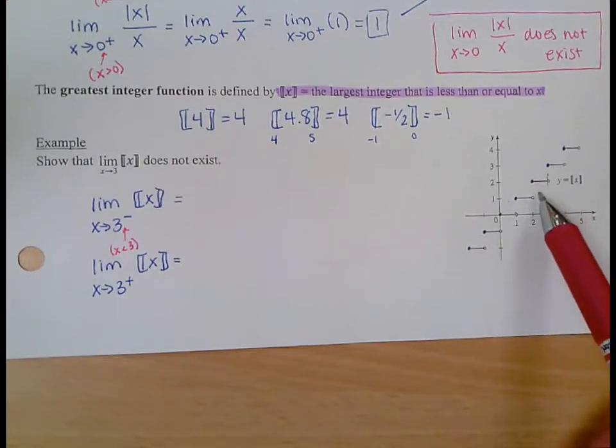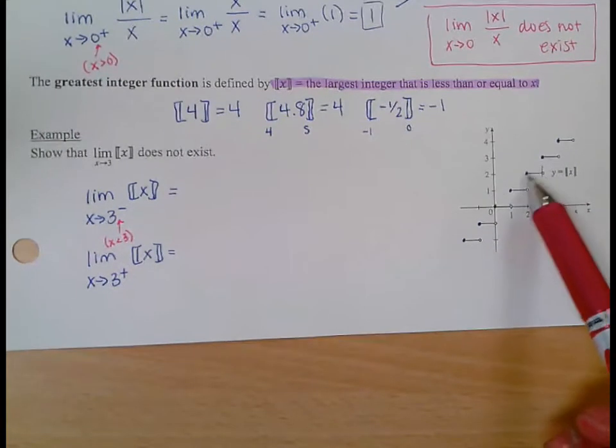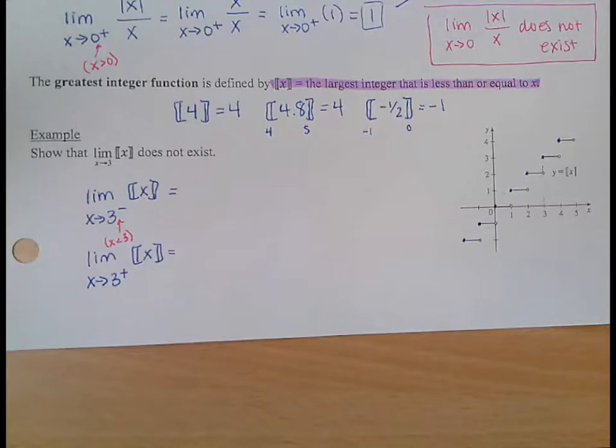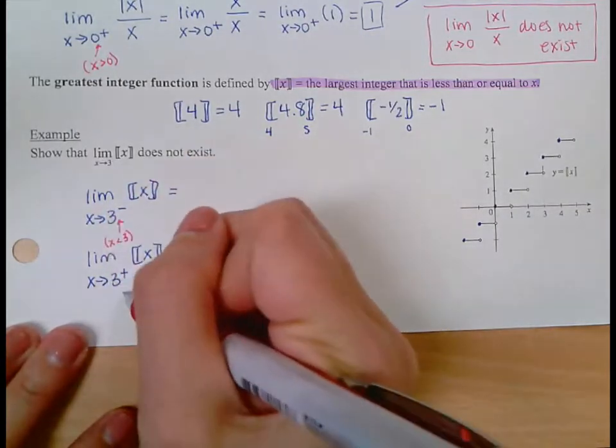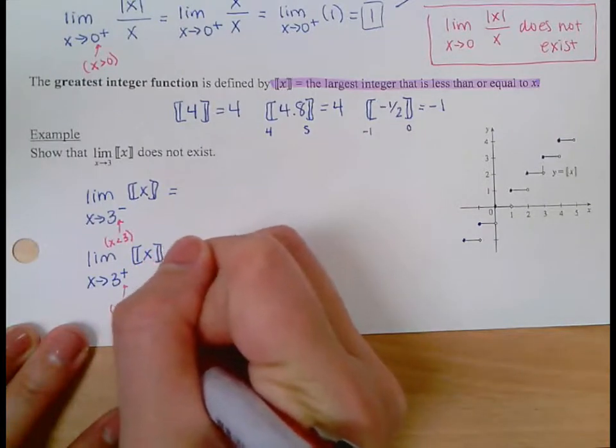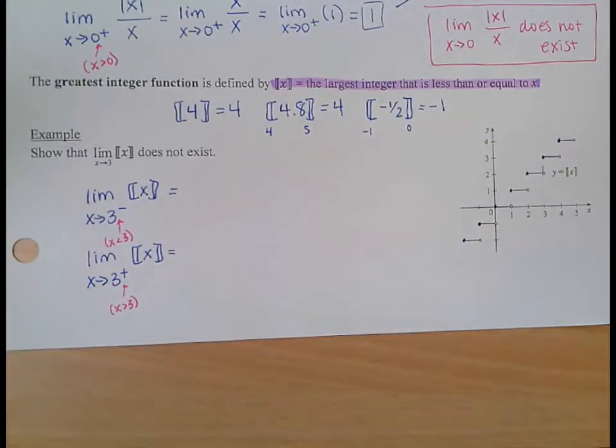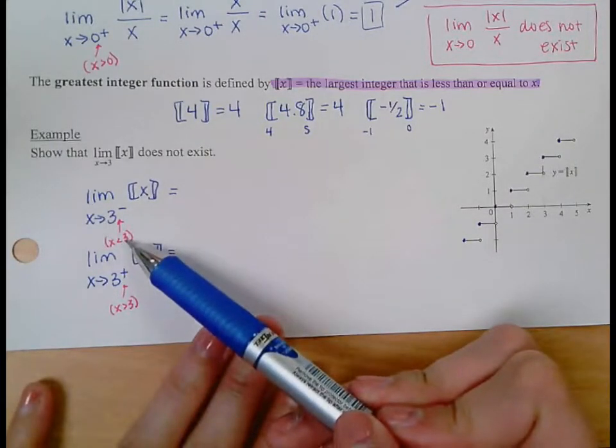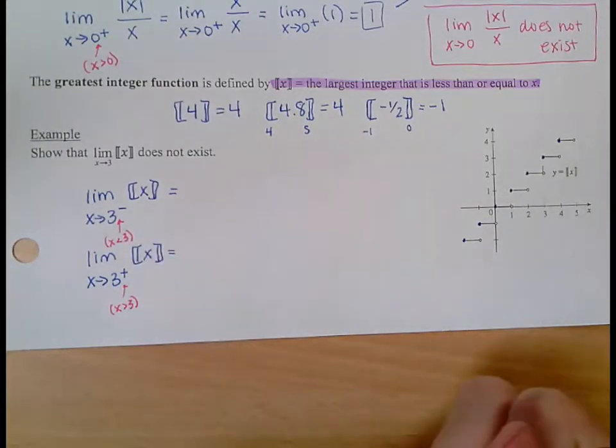Close to 3 would be this line segment here, the one that's closest. So limits have that idea of closeness. And if I'm approaching 3 from the right, I'm approaching for values that are greater than 3, but still close to 3.